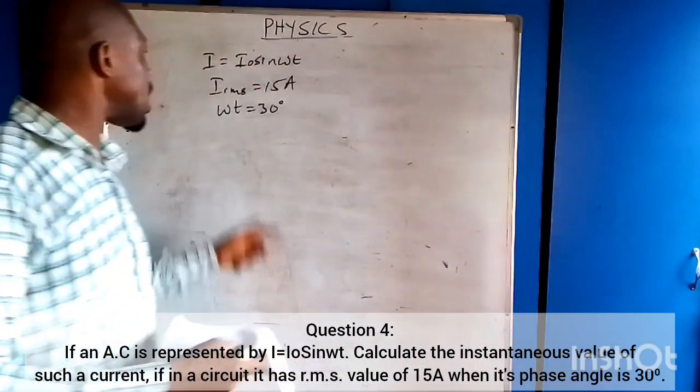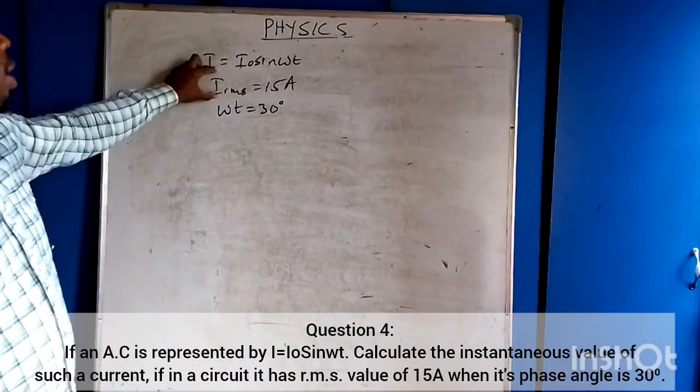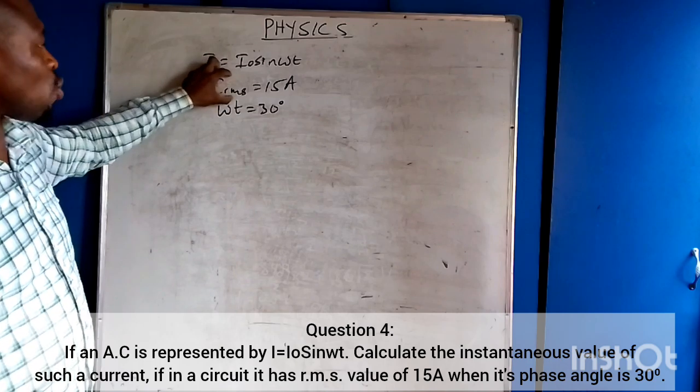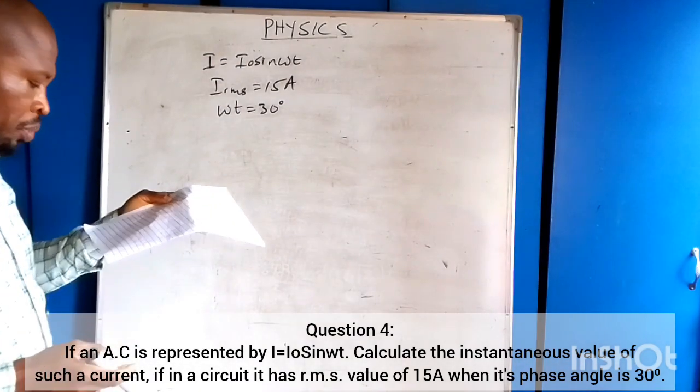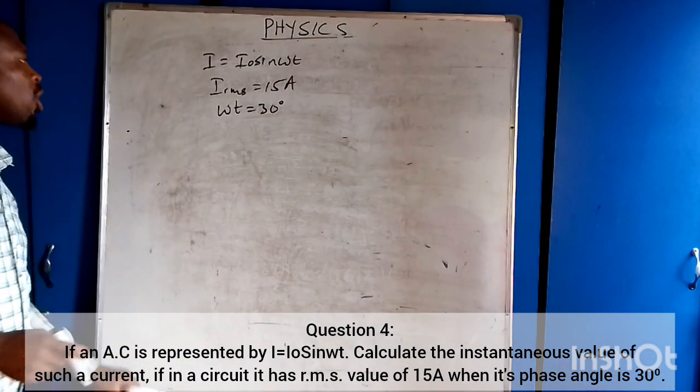So given that the phase angle is 30 degrees, this is the equation given to us, and we are asked to determine the instantaneous value of current.